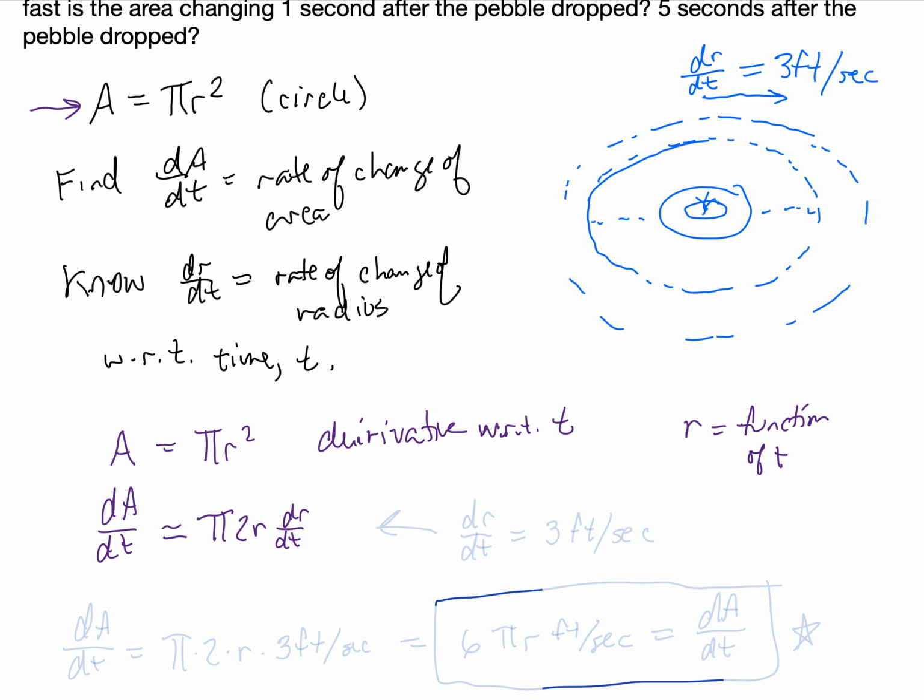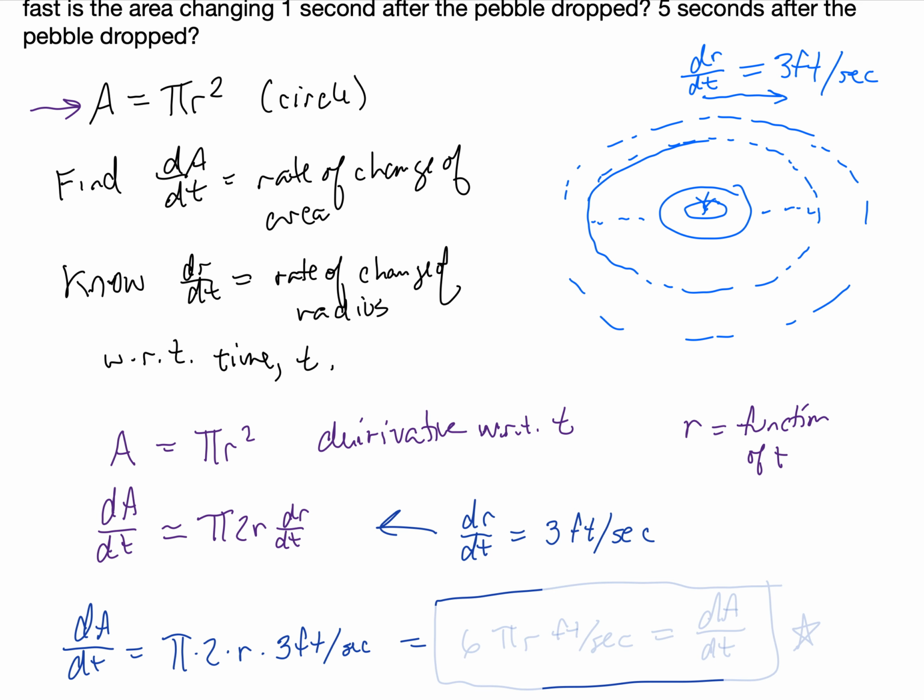We know from the statement of the problem above that dr dt, the rate of change of the radius with respect to time, is 3 feet per second. And so we can plug this in to simplify a little bit. That tells us that dA dt, the rate of change of area with respect to time, is pi times 2 times whatever the radius is at that time, times dr dt, that's 3 feet per second.